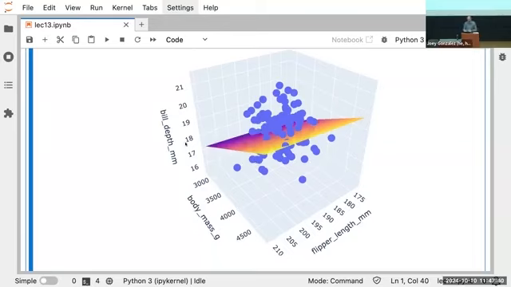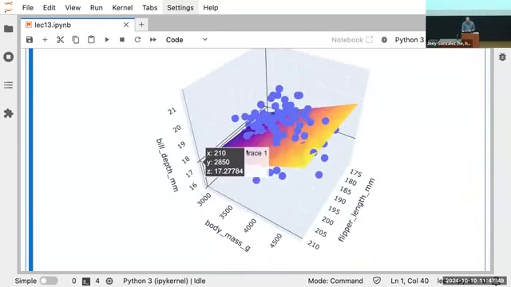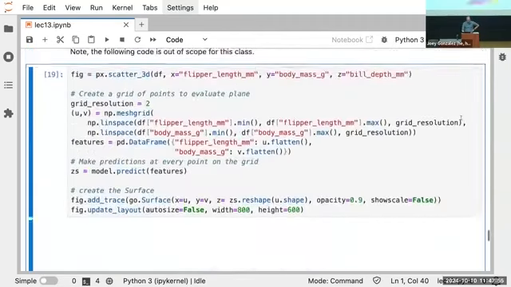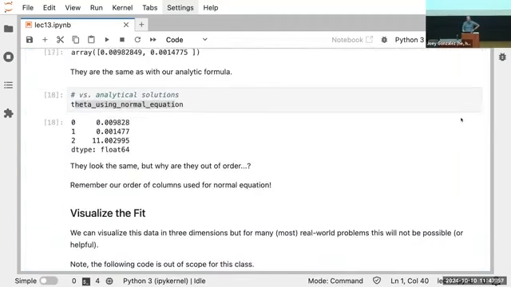But I add an intercept term, so now bill depth can be that intercept term when there's 0, 0. So it's no longer going to the origin. And I didn't plot the origin, but you could extend this plot to see that this plane does not pass through the origin. In fact, where does it go through at the origin? 11. We know that the plane at the origin is going to be 11, not 0, because when everything else is 0, the intercept term is 11.